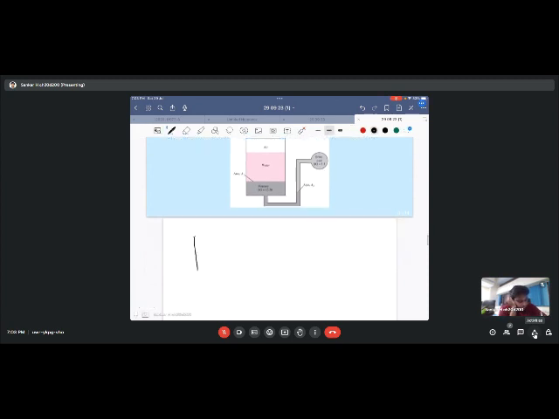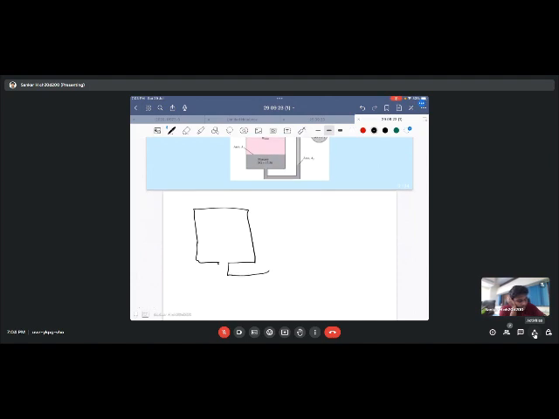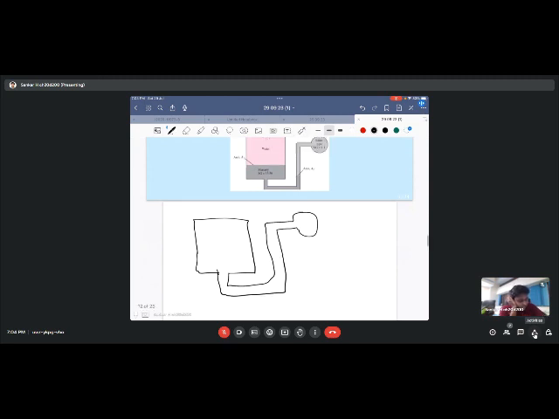Therefore, let us assume that initially we had a system where, I hope I've done a decent enough job of recreating the image manually. But let us assume that this is filled with air, this is filled with water, this is filled with mercury, and let's assume that this is the initial brine level.